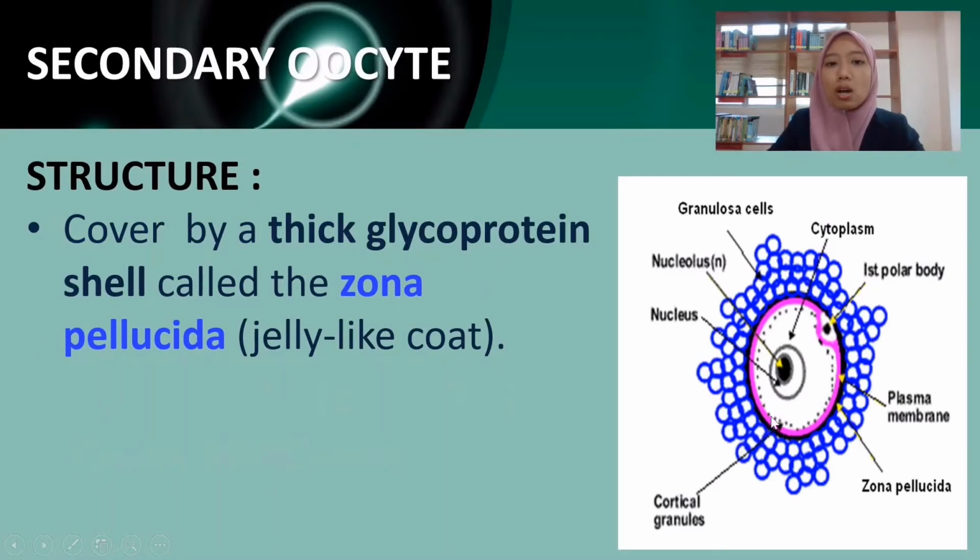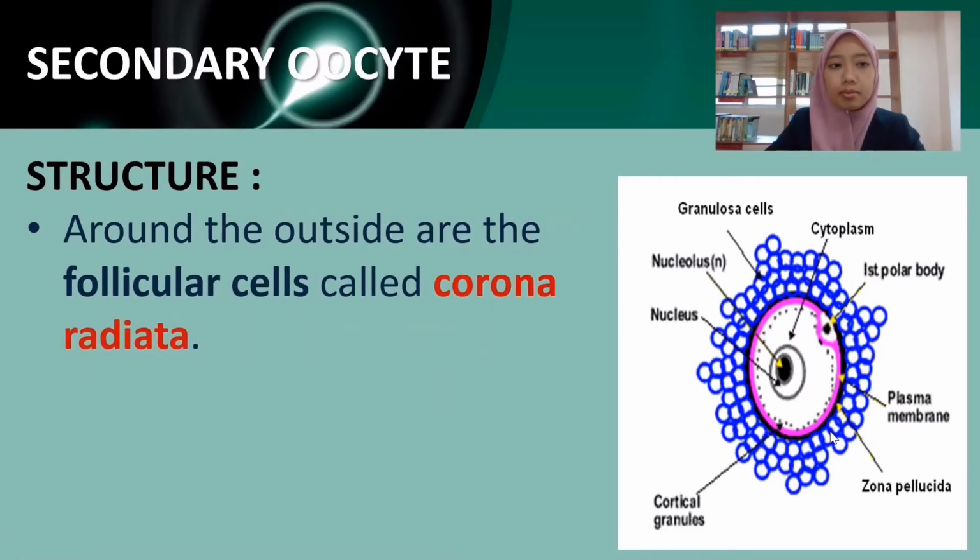Secondary oocyte is also surrounded by a thick glycoprotein shell called zona pellucida. In this figure, the black line is the zona pellucida. The zona pellucida is a jelly-like coat. Secondary oocyte is surrounded by follicular cells called corona radiata.